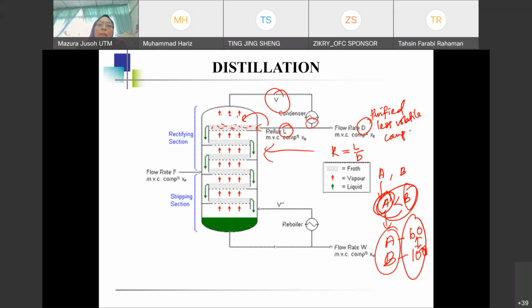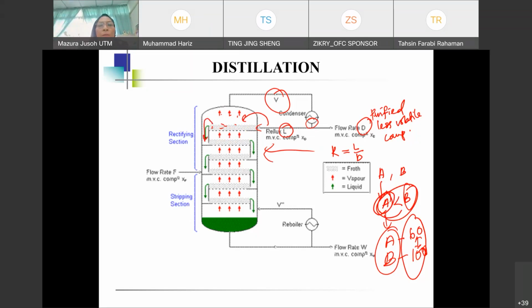And then the liquid will flow down. The liquid will not flow through the holes, but instead the vapor will go up from the openings. The liquid will fall from that weir.